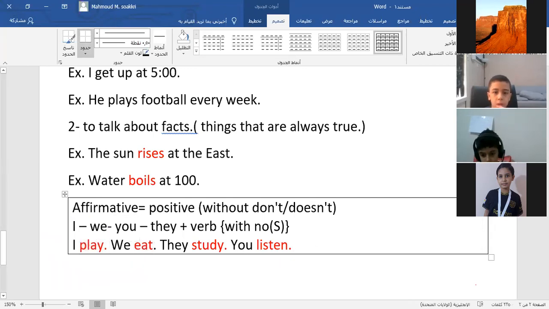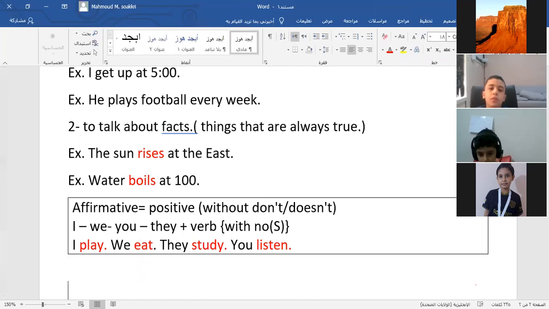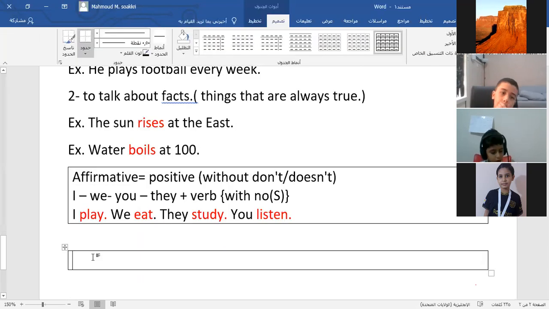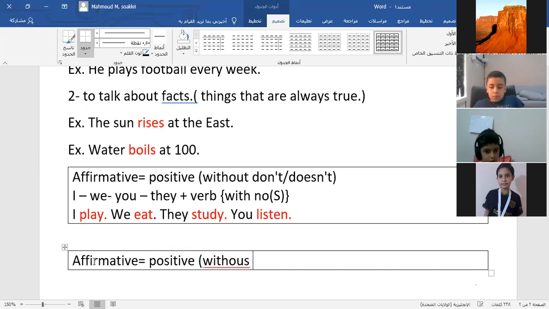Is this everything, students? No, but it is most of it. Now let's move to how to make an affirmative sentence with he, she, and it. As we said, affirmative means positive. Affirmative and positive means without don't and without doesn't.